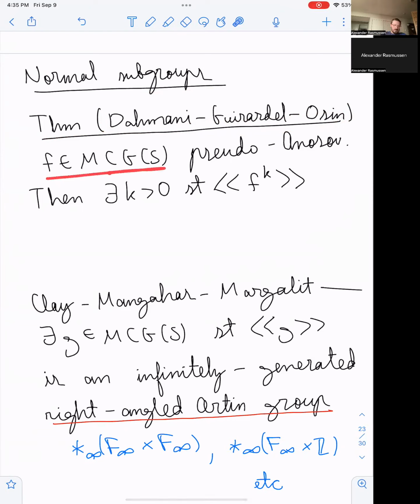So you have some mapping class f, which is pseudo-Anosov, so one of these complicated mapping classes. Then you can raise f to a power such that the normal subgroup that it generates is free. So you get many infinite rank free groups by taking normal closures of certain pseudo-Anosovs.